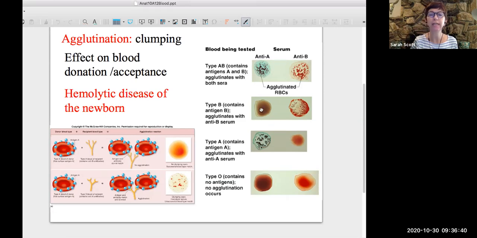See, no clumping here, no clumping here. All right. This is blood type O, meaning there's no antigen A. This is blood type B, no antigen A. This is AB, so we get clumping. And blood type A, we get clumping. That clumping is called agglutination.